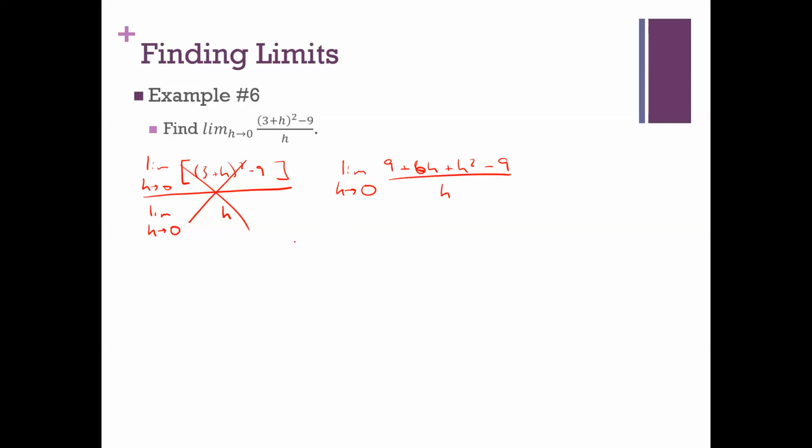Or if we factor, we get 3 plus h minus 3, times 3 plus h plus 3. I did something wrong, didn't I? It should not be subtracted, but okay, that's what I want.